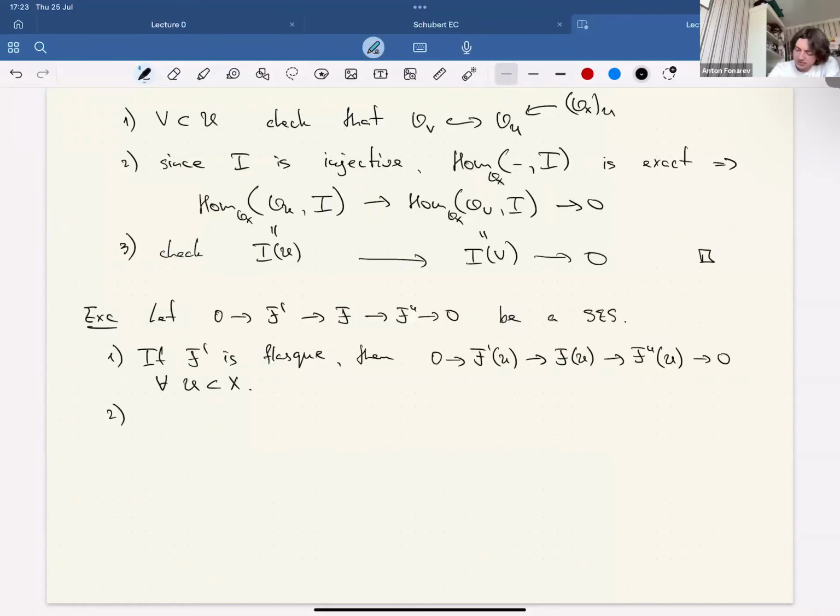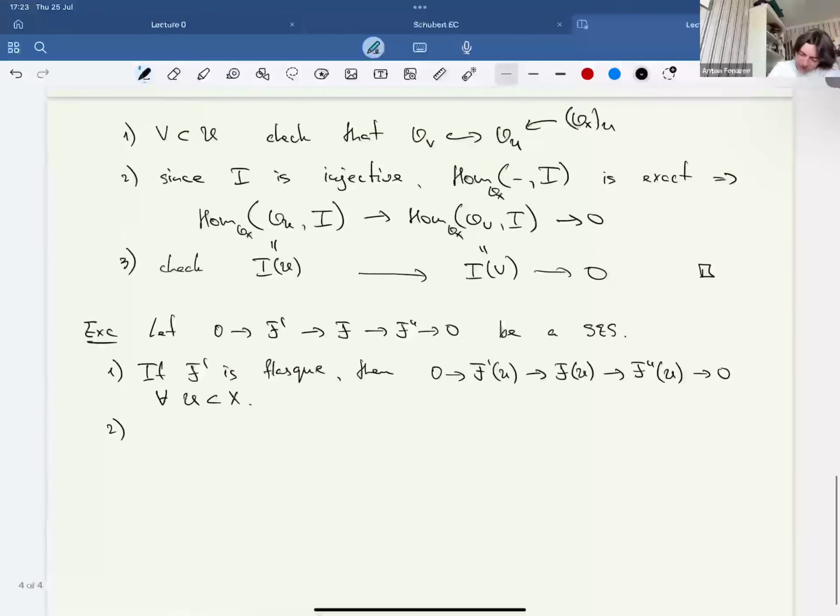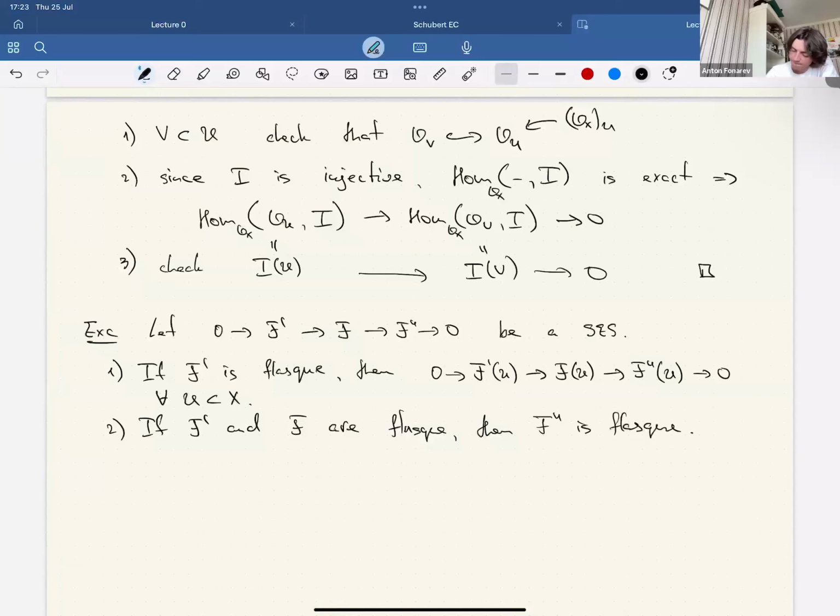The second one says that if F prime and F are flasque, then F double prime is flasque. And we will use this just in a second.